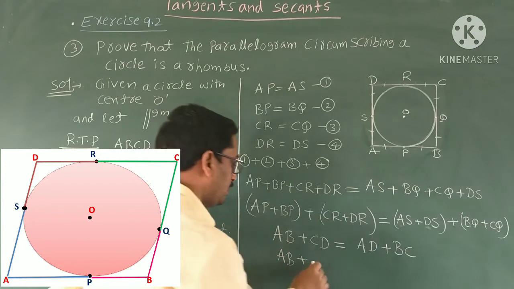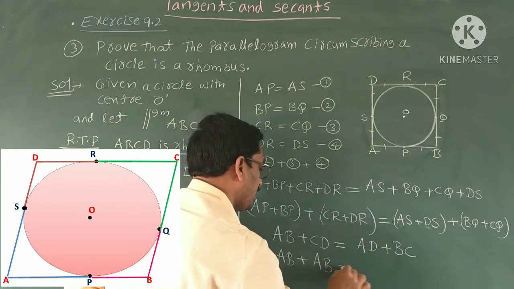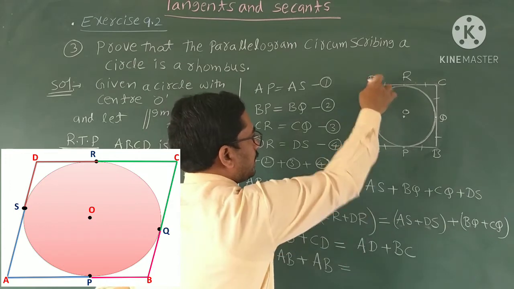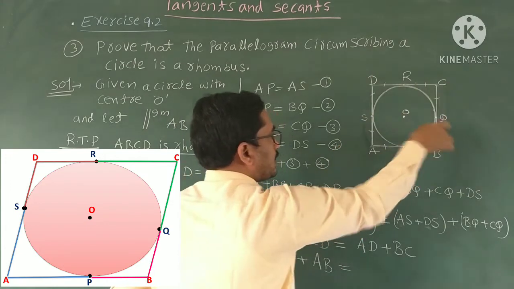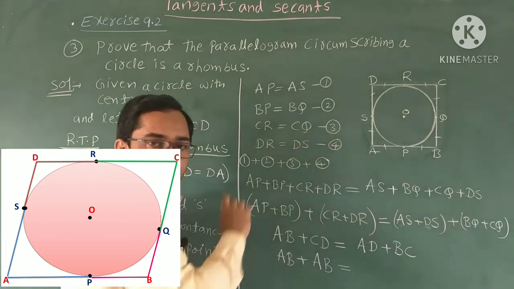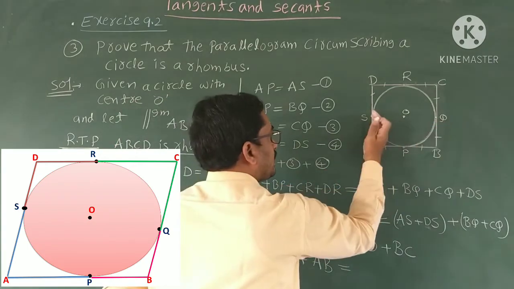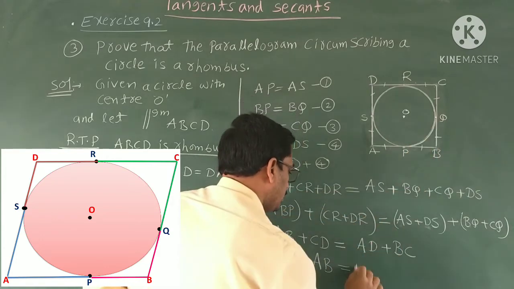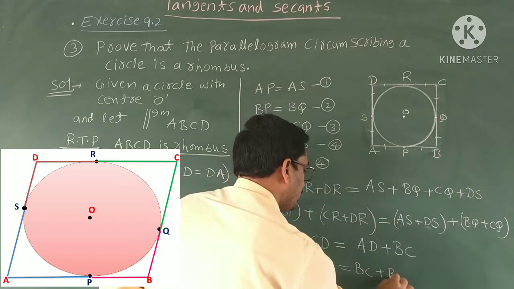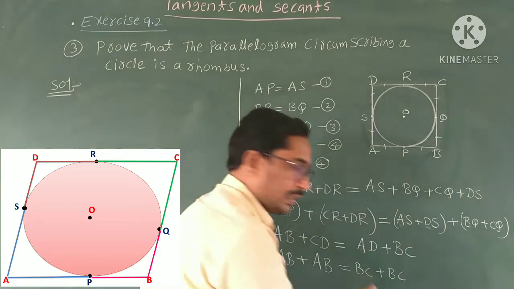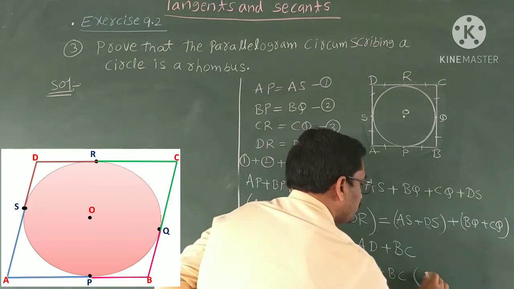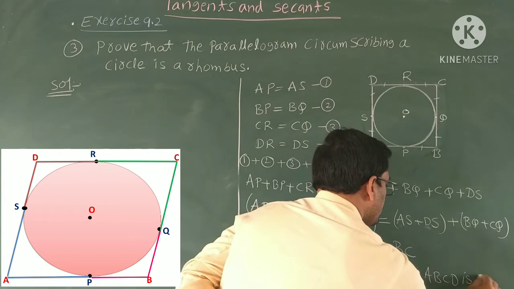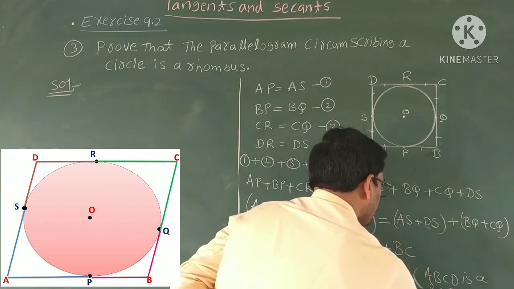What is the value of AD? AD equal to BC, because ABCD is a parallelogram and its opposite sides are equal. So instead of AD, write BC, BC plus BC. The reason is ABCD is a parallelogram.